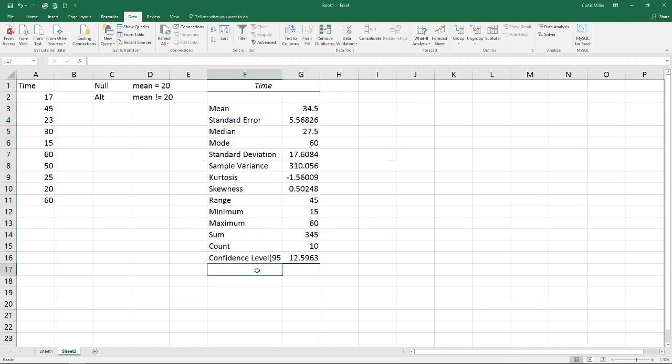I can begin calculating my upper limit and our lower limit. Since this output gave us our mean and our confidence level, we're all ready to go from here. So we can, for our upper limit, grab our mean plus our confidence level. And for our lower limit, we can grab our mean minus our confidence level.